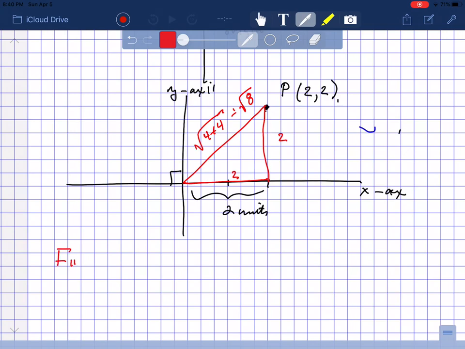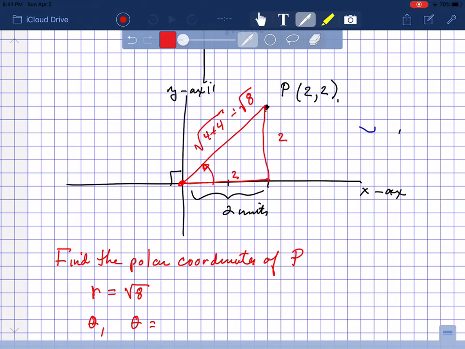So now, what I want to do is find the polar coordinates of P. Okay, well, what do we know? Those polar coordinates are represented by the distance between P and the origin, which we know is the square root of 8. So this is r, and I'm going to call that the square root of 8. And then I have to find theta.